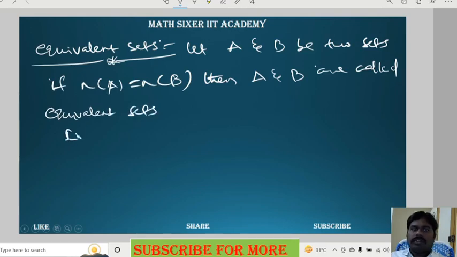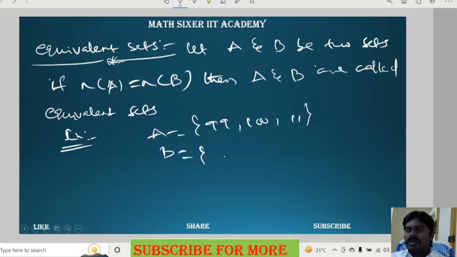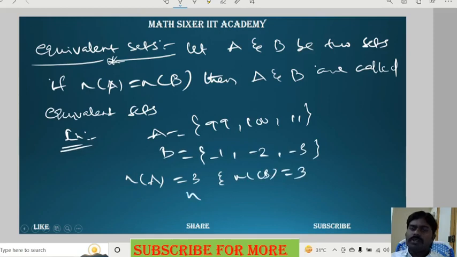Here we'll see one example. I am taking A is equal to 99, 100 and 11, and B is equal to 1, minus 1, minus 2, minus 3, like this. The number of elements in A is 3 and the number of elements in B is also 3. So A and B are equivalent sets. Okay, so this is about equivalent sets.